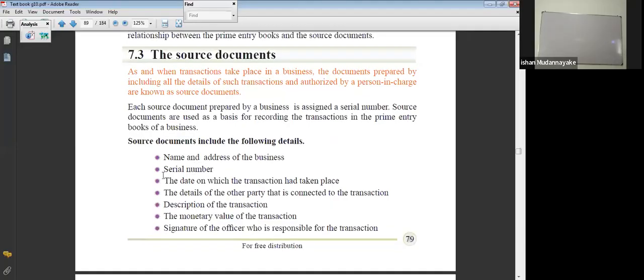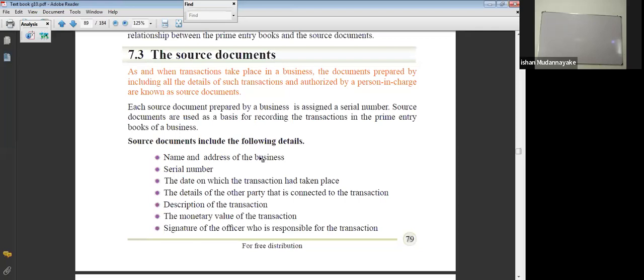What are the details included in a source document?